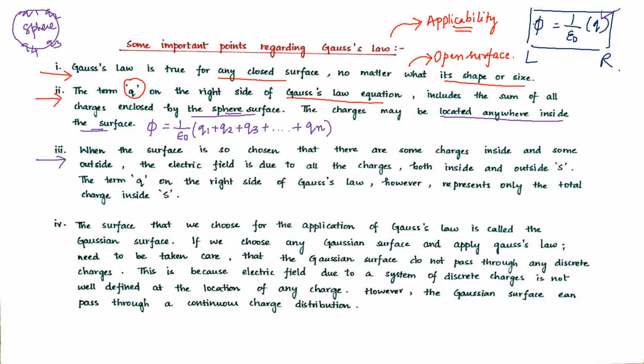Third point: when the surface is so chosen that there are some charges inside and some outside, the electric field is due to all the charges, both inside and outside. The term Q on the right side of Gauss's law, however, represents only the total charge inside the surface S. Now understand this. This is a Gaussian surface.